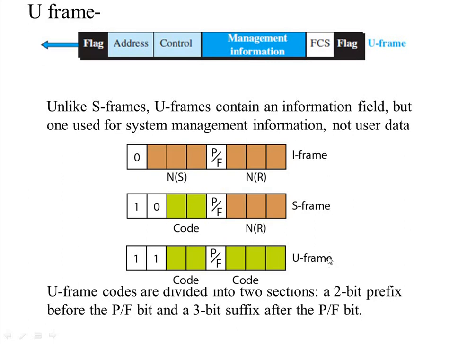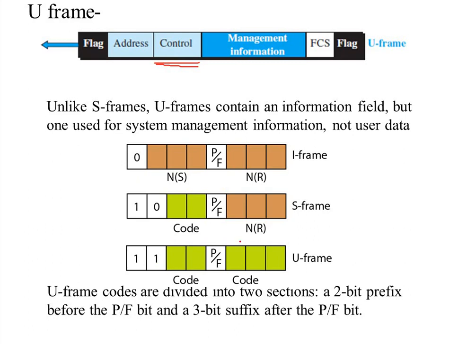Now the starting bits are 1 1. When 1 1 is there, I will come to know that this control format is for the U frame.